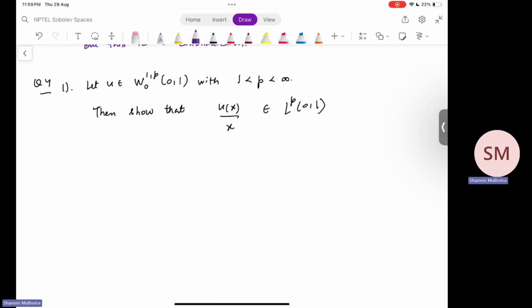So to show this, there are many ways to prove this. First of all, since we are taking u to be in the W_0^{1,p} space, we know that C_c infinity of (0,1) is dense in this space because that's the definition.